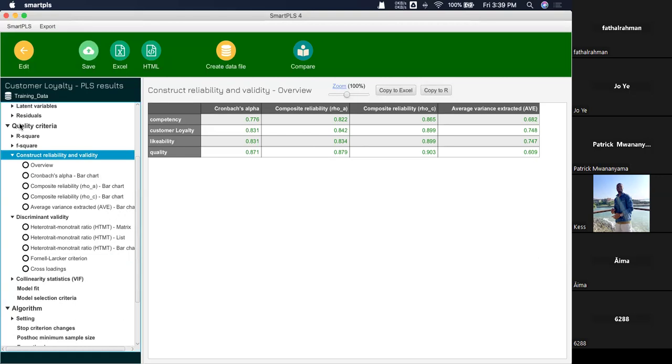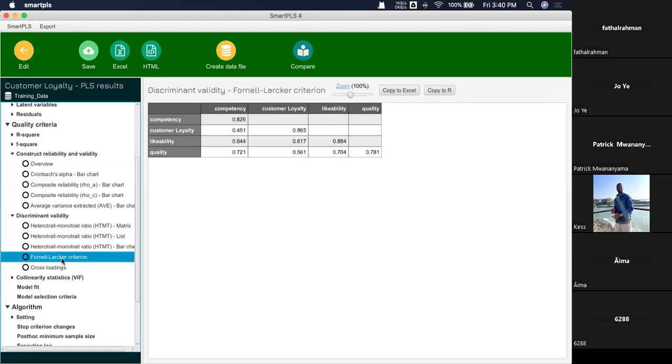For customer loyalty, the AVE is 0.748. For likability, it is 0.747. And for quality, 0.609. Please note those values, because we are going to do a simple arithmetic. I'm going to go back to the Fornell and Larcker criterion after noting those values.